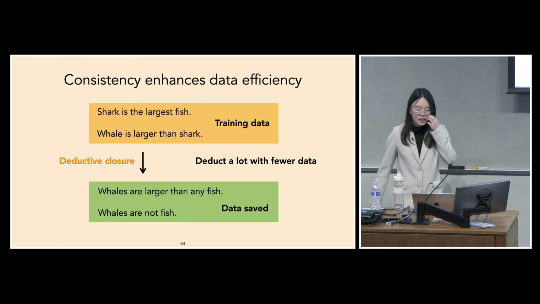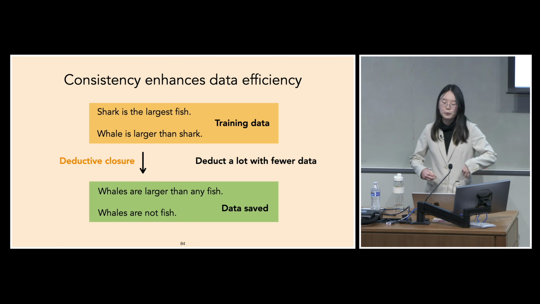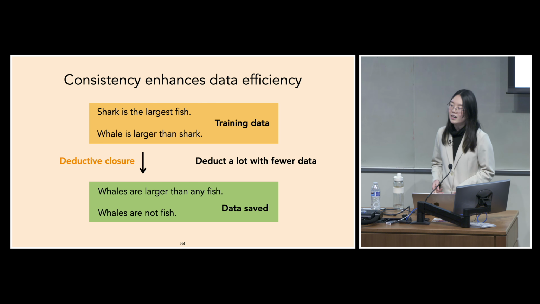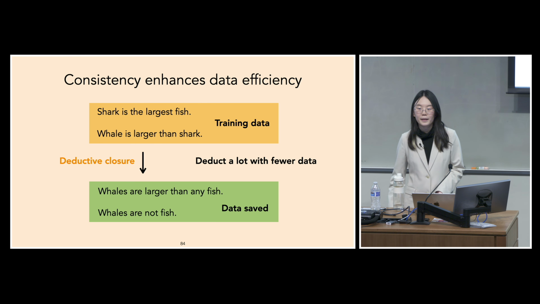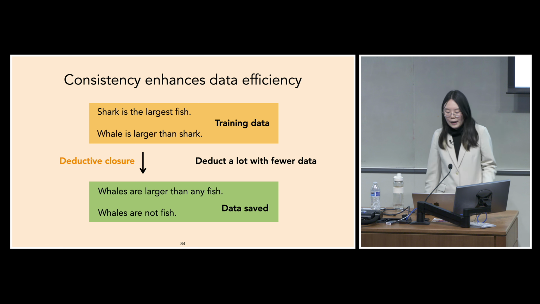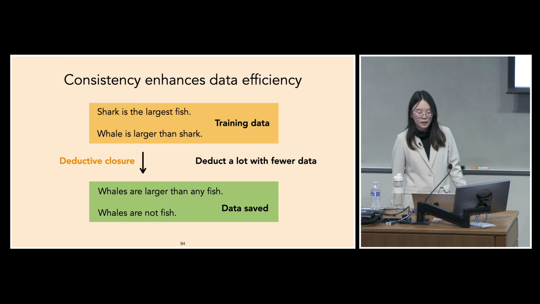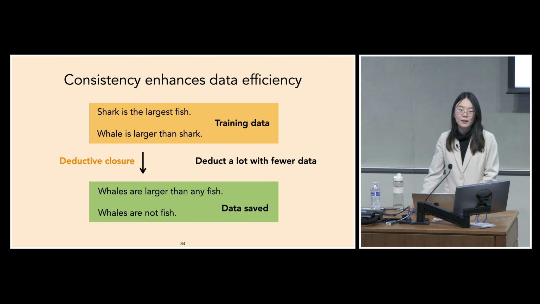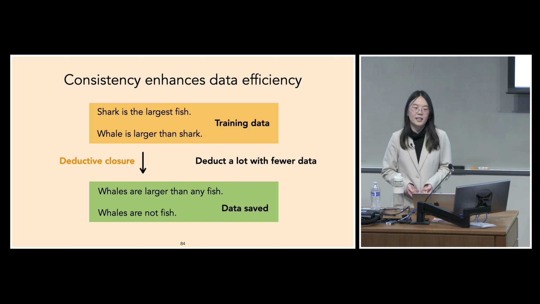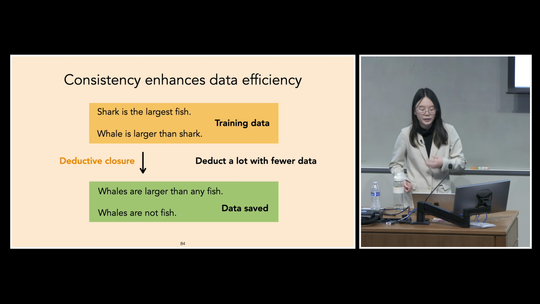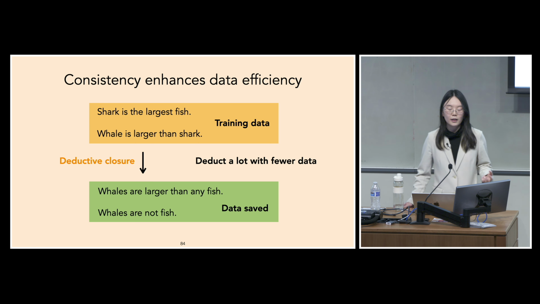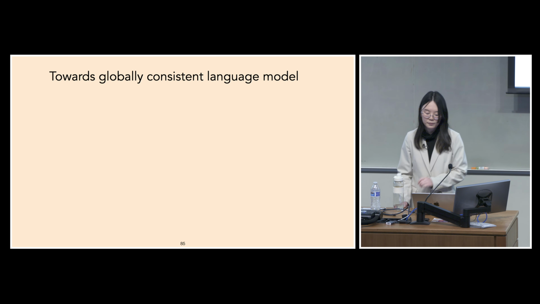So we can essentially achieve the same effect as training on both by only training on a subset, which could improve data efficiency. And I believe in the next 3 to 5 years, data efficiency is going to be super important in natural language processing, because as we further scale the model, we would either need more data or more data efficient algorithms.